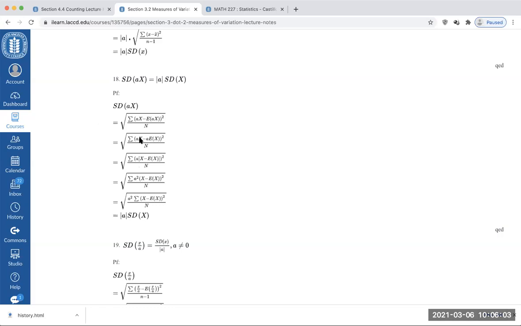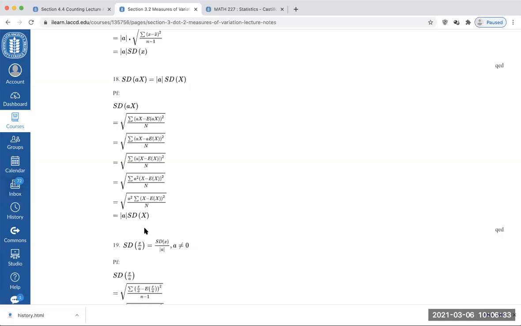I can factor out an a from each of these inside the parentheses. I can factor out an a squared inside the summation and bring the a squared outside the summation. The square root of a squared is just the absolute value of a. What remains is just the standard deviation of x, given the fact that the expected value of x is mu. And so I've shown what I wanted to show.